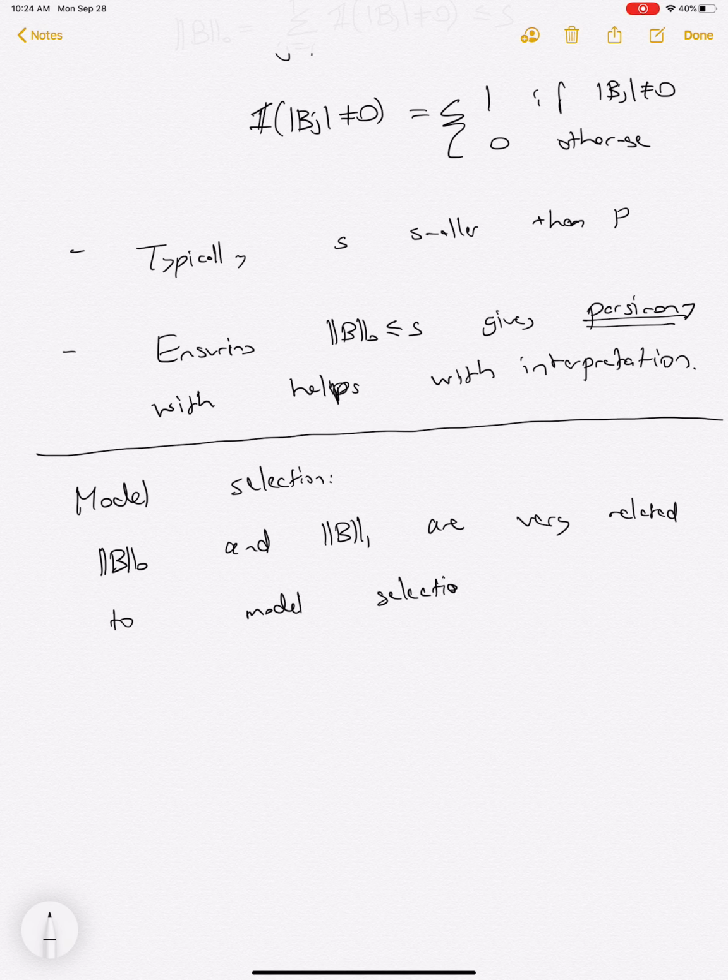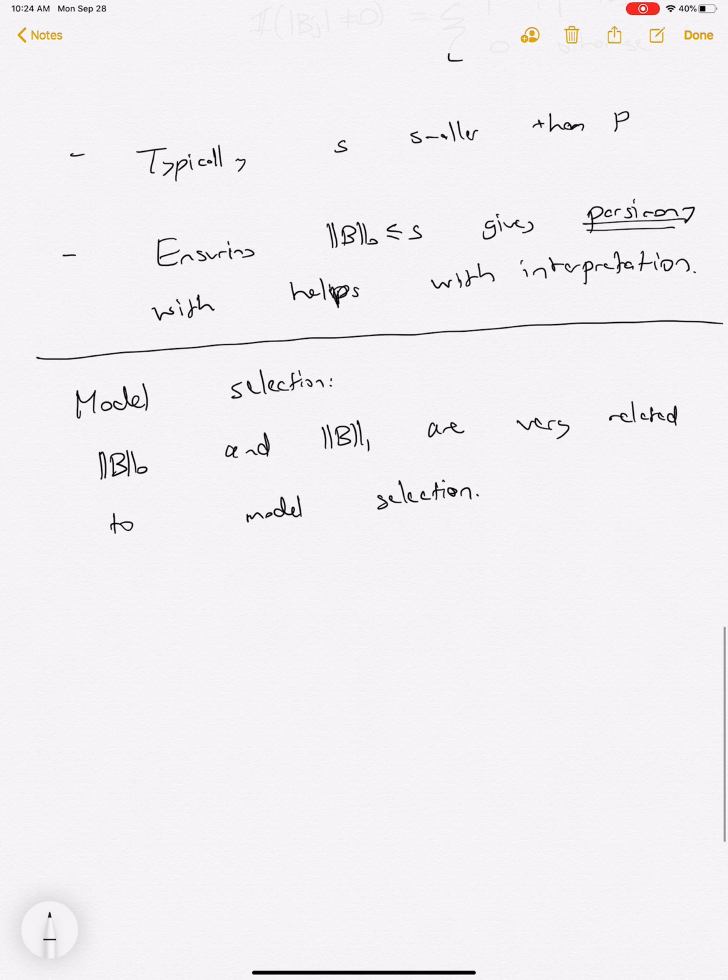So another interpretation of this is that there are P features or covariates, only S relevant.